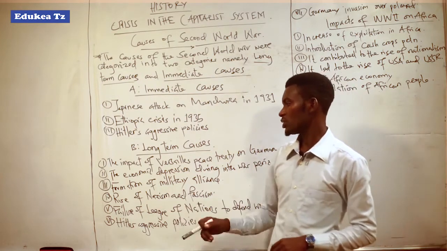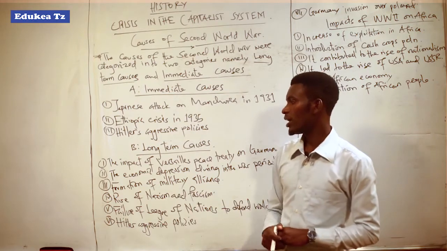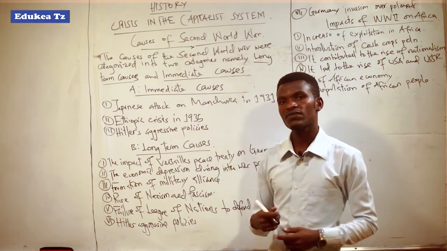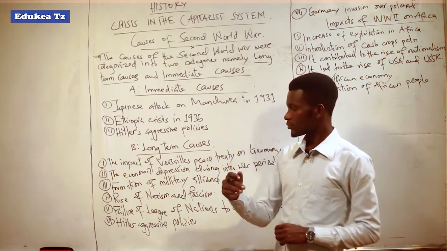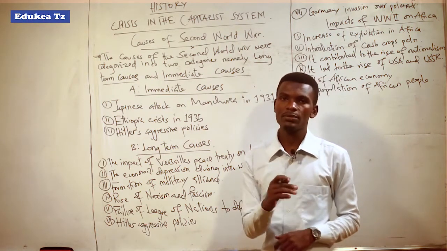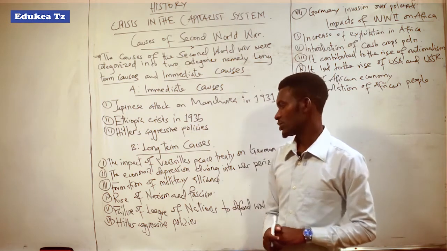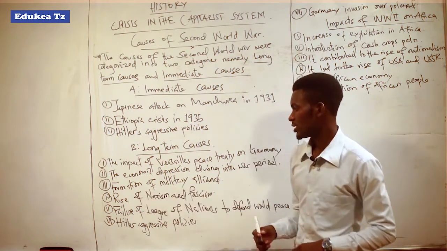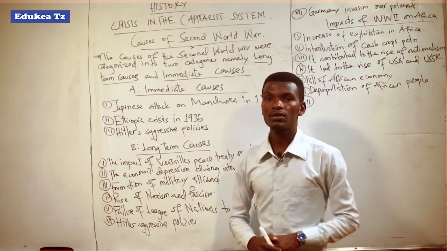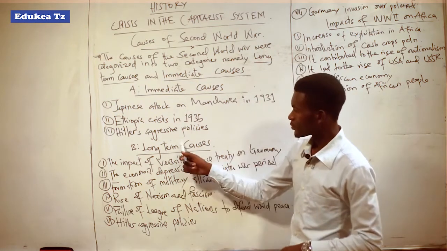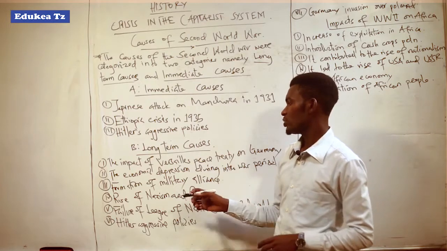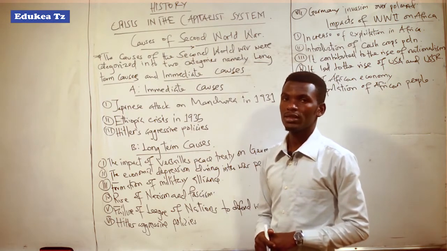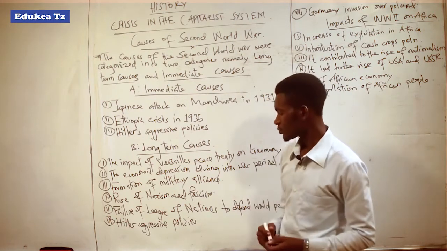So those military alliances were committed to defending their members when they were attacked or invaded by the enemy military alliance. So the formation of those military alliances led to the occurrence of the Second World War, after Germany invaded Poland and Czechoslovakia.